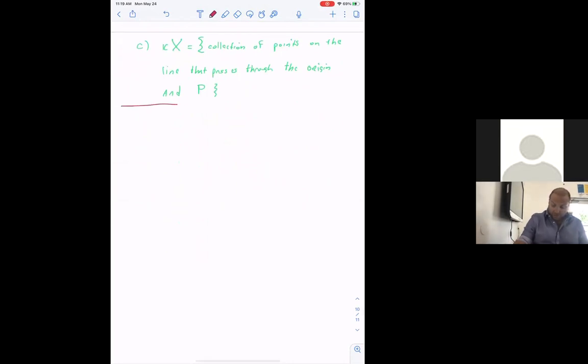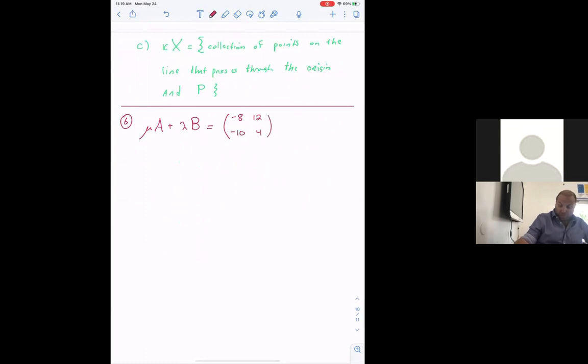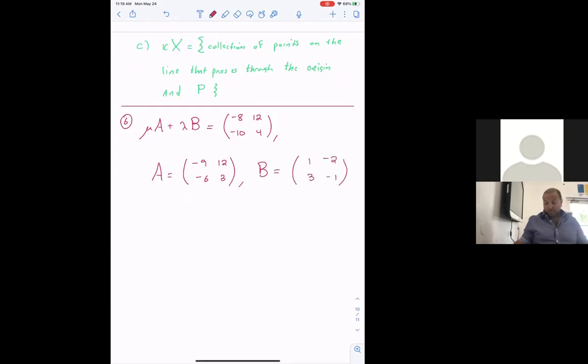And then finally, we have the last question of the section, number 6. It says, find real values of mu and lambda such that mu times capital A plus lambda times capital B is equal to the 2 by 2 matrix -8, 12, -10, 4, where capital A is -9, 12, -6, 3, and capital B is 1, -2, 3, -1.